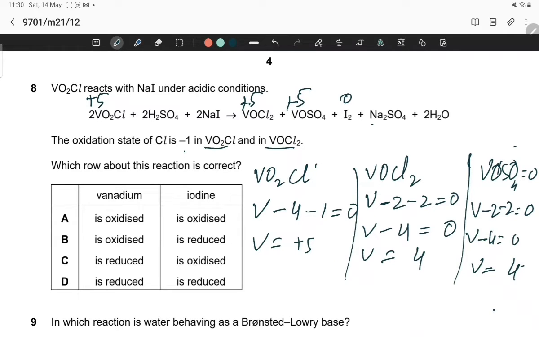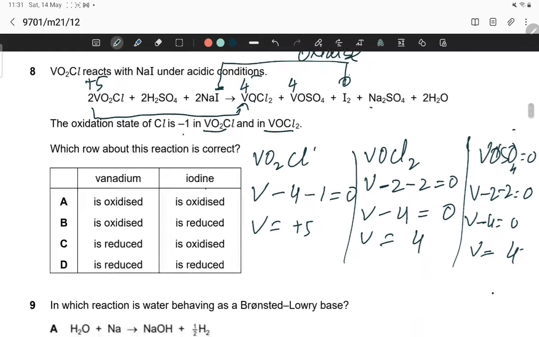Okay, so sorry, over here plus 4 and 4. So vanadium and iodine over here -1, iodine is -1 to 0, oxidized, and vanadium is reduced, +5 to +4.